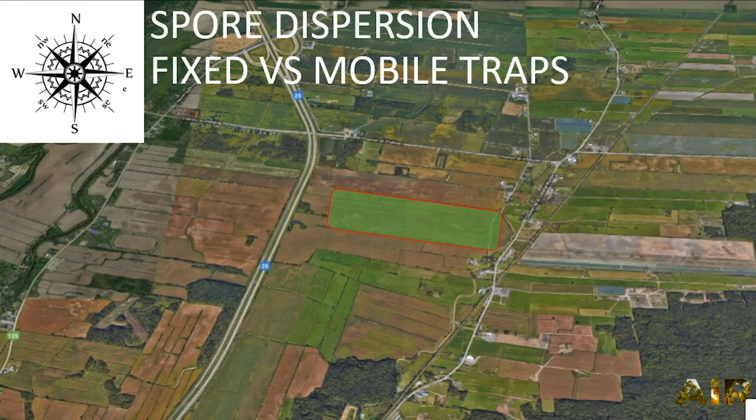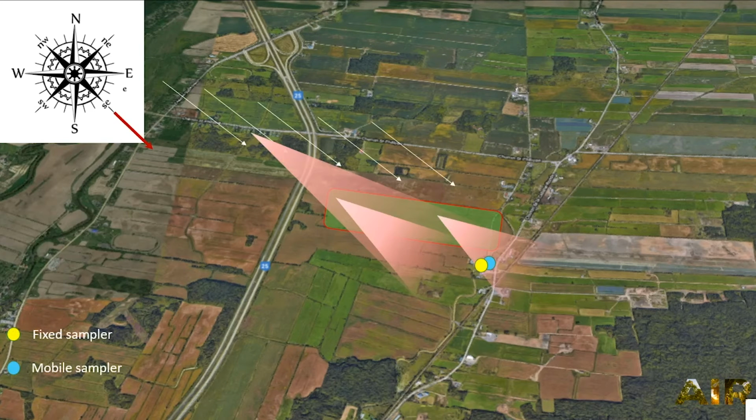So for example, if you have a field such as the one highlighted here with dominant winds blowing southeast, you would likely place your stationary and mobile spore traps on the southeast edge of the field in order to sample air that passes over the field, giving you a chance to find spores of interest that come from afar or from your field.